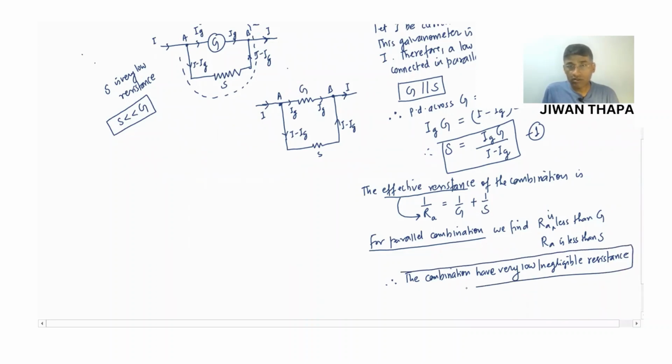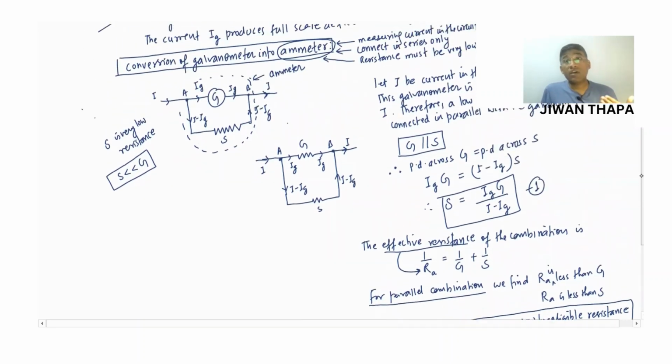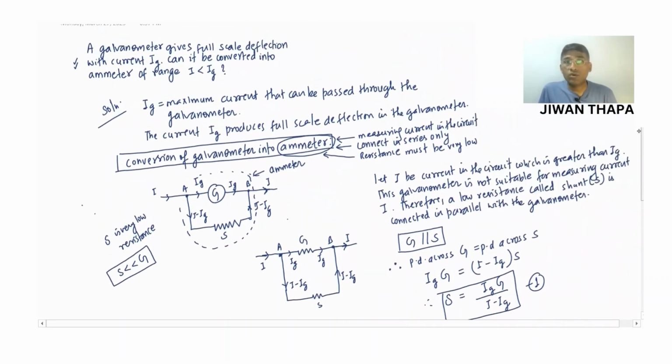Therefore, the combination behaves as an ammeter having very low or negligible resistance. So this is how we convert galvanometer into ammeter.